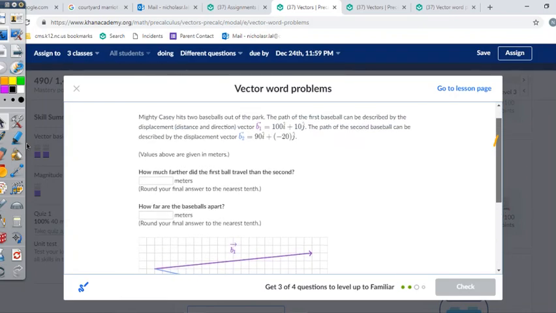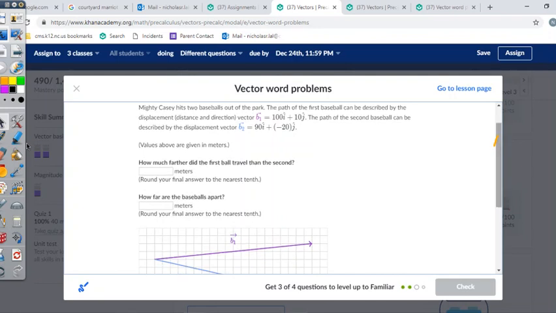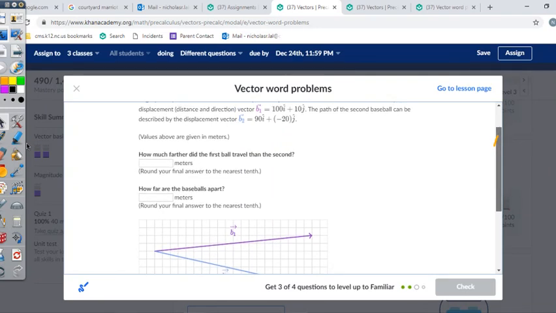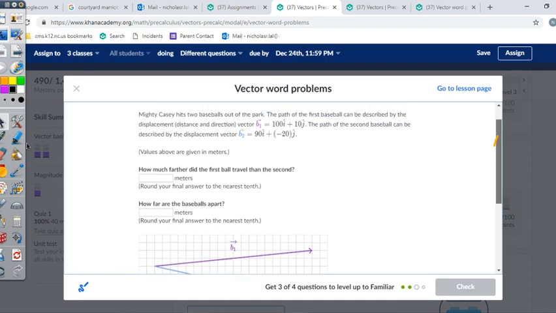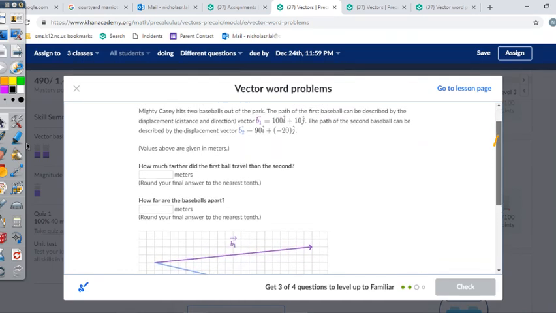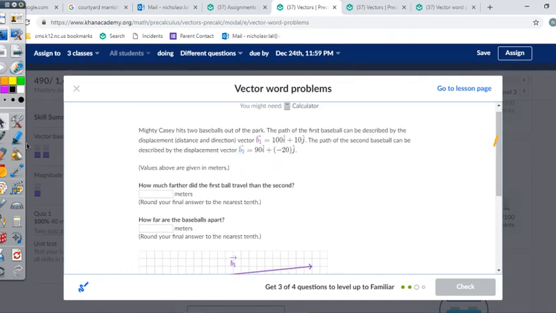So, Mighty Casey is starting at the exact same point. And because he's starting at the exact same point, how much farther did the first ball travel from the second? To answer this question, we need to find first the magnitude of B1, which is how far the first ball is from home plate.